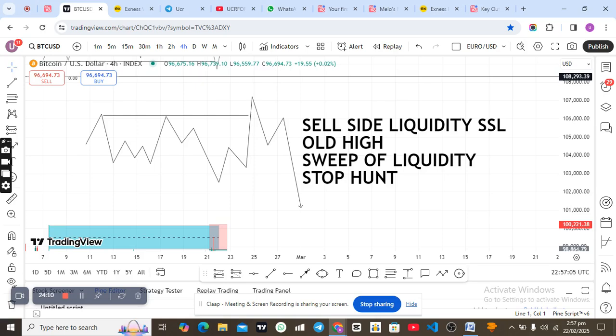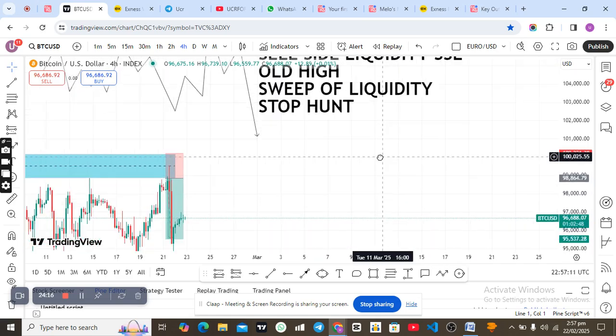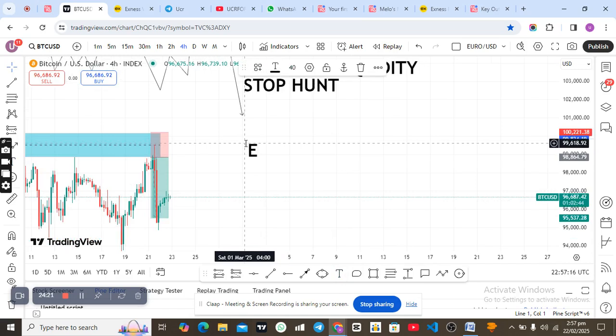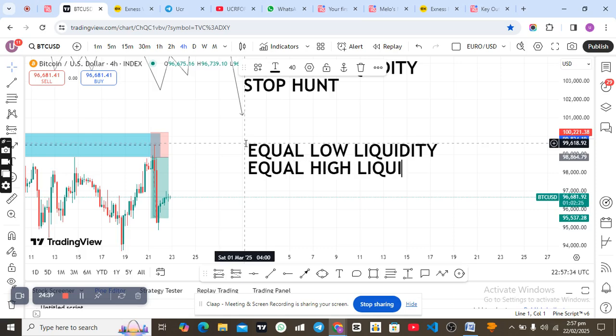So now let's talk about other types of liquidity that we can see on the forex market. We have what we call equal low liquidity and equal high liquidity.